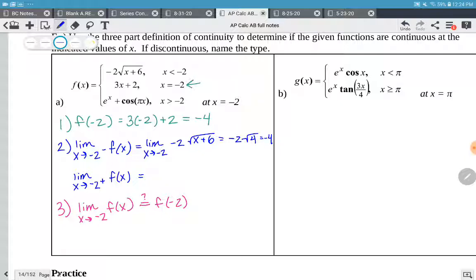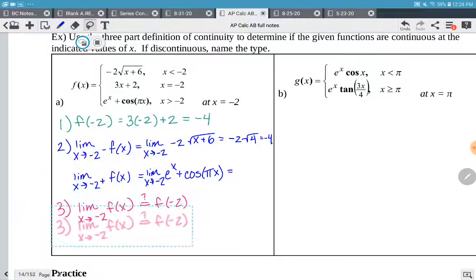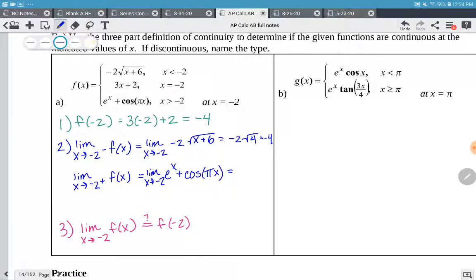So it's -2 times 2, so I get -4. Okay, and if I try from the right, that means I'm looking at values that are bigger than -2, so I'm going to be following this rule. So I'm going to look at the limit as x approaches -2 of e to the x plus cosine of pi x. I'm going to plug in -2 there. I shouldn't have a problem doing direct substitution, so this is going to be e to the -2 plus cosine of -2 pi.